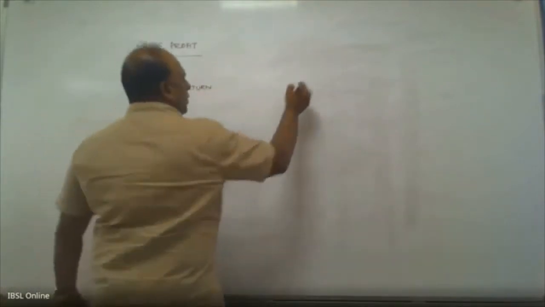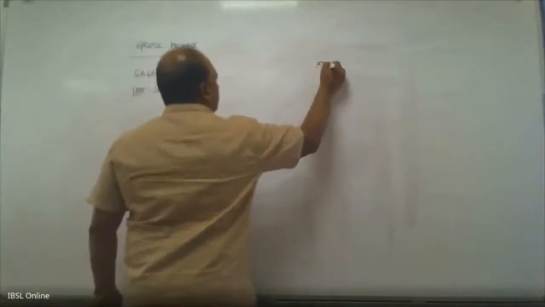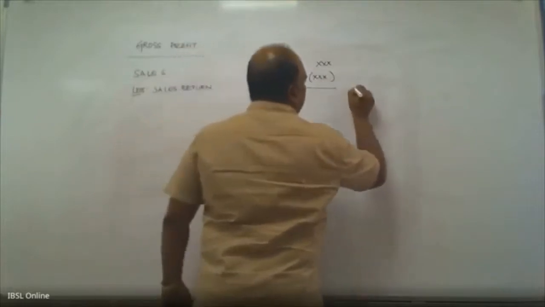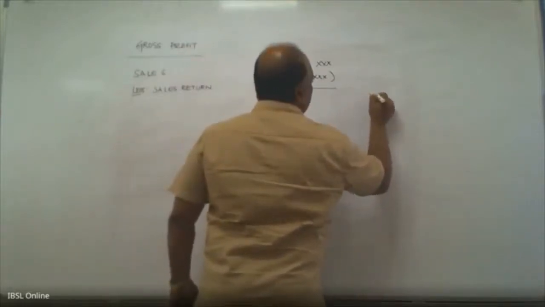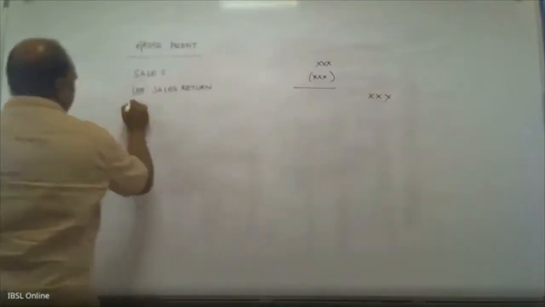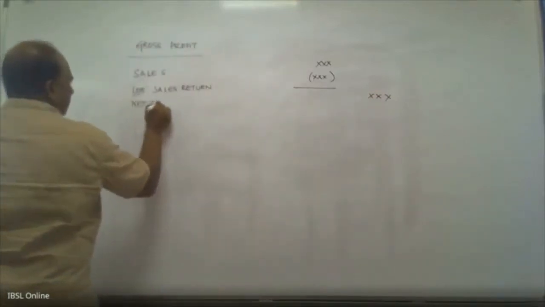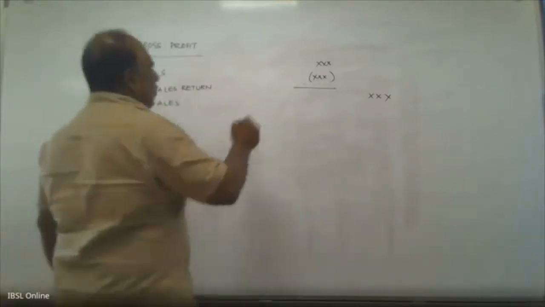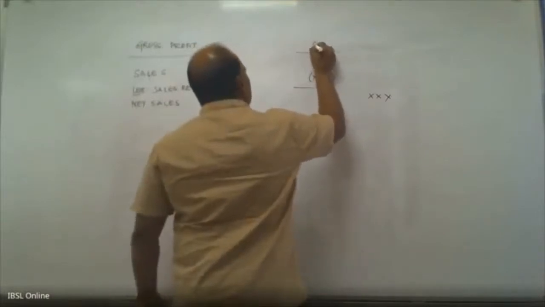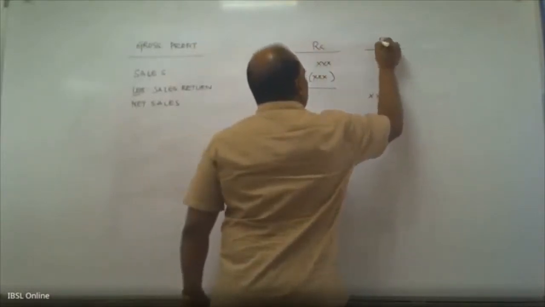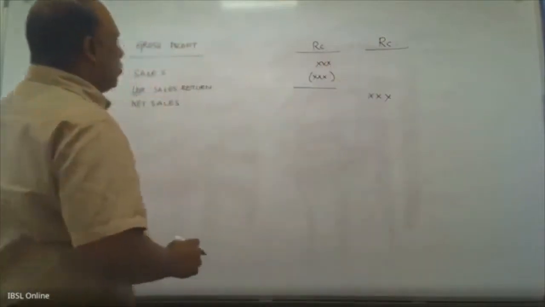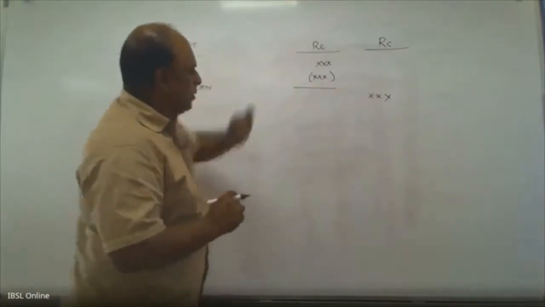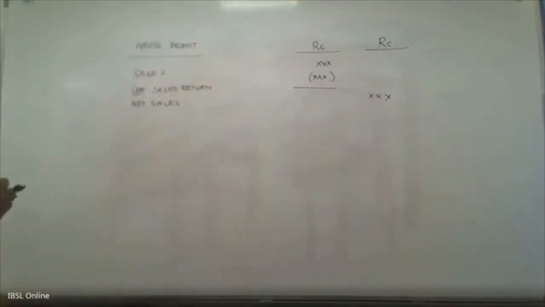Okay, so you have sales, then you have sales return, then you have the net sales. Right? So I am following a two-column concept where you will put numbers in two columns, sales less sales return, you deduct that and you bring it to the next column, which is the net sales.